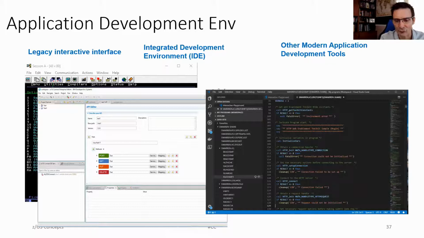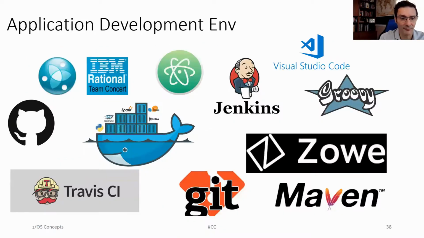So besides actually writing the code, how can I deploy this code on my system? You have all the tools that are available on the distributed and Linux platforms available on zOS. So whether it's Git or GitHub or Jenkins, Maven, Travis, Docker, IBM Rational, Groovy, all of these things are available on the mainframe as well.